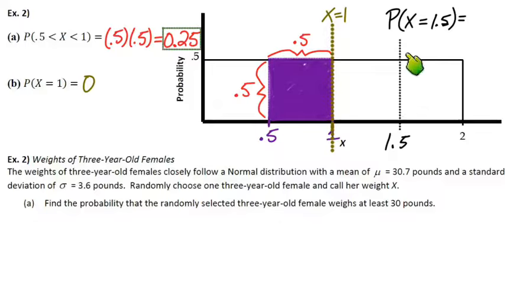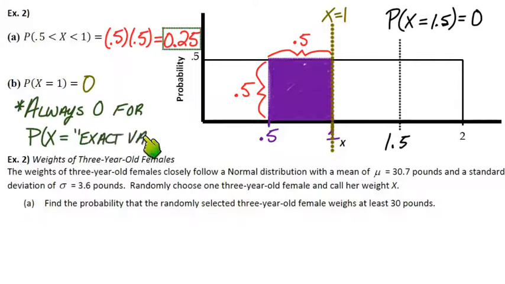Well, again, this has no area. So this would be 0 also. It's a 0 probability. So the point being, anytime you have a probability that x equals an exact value under a curve, the answer is going to be 0. We need an interval of values so we can start to construct this area.